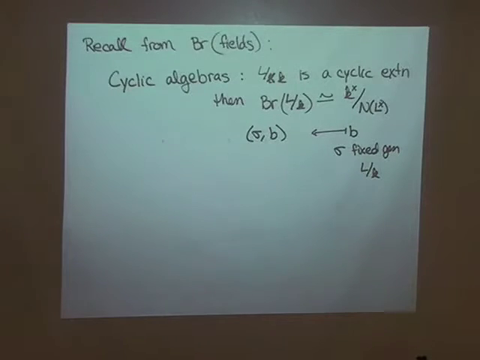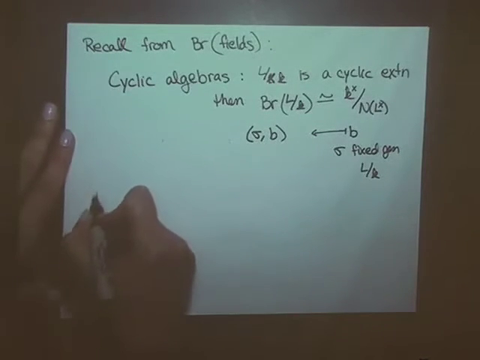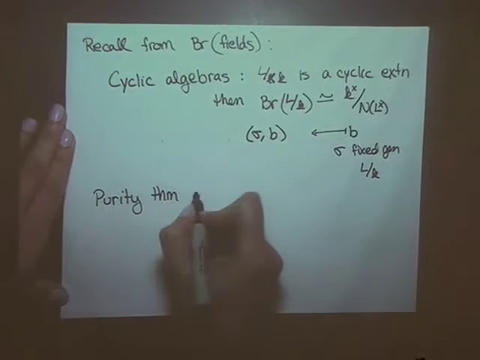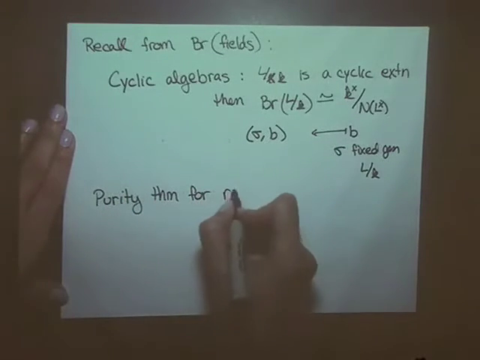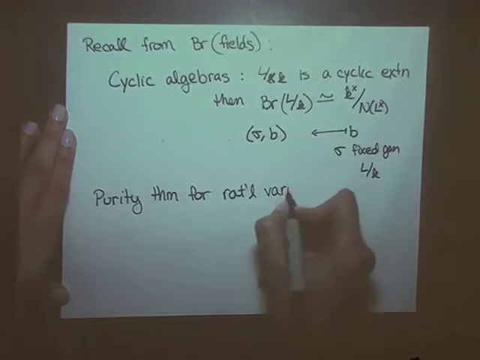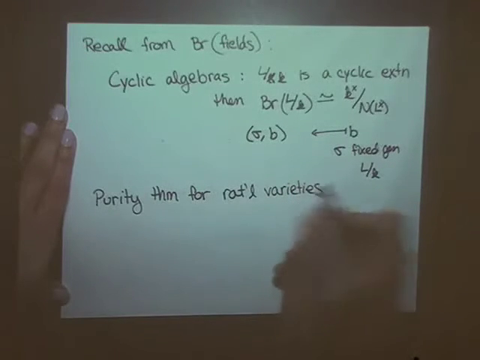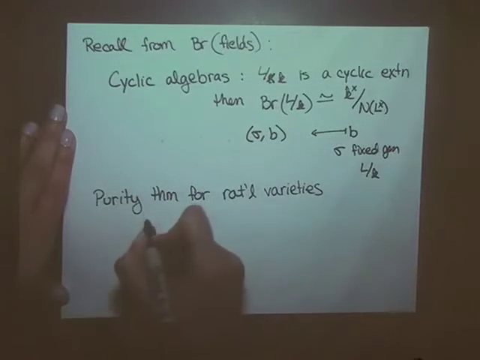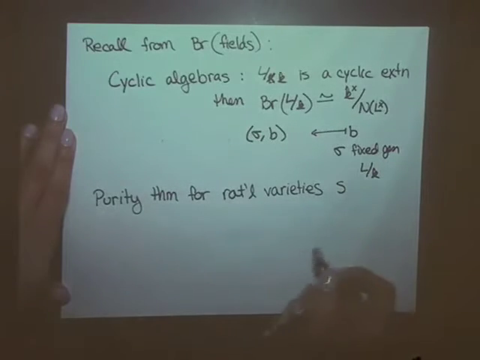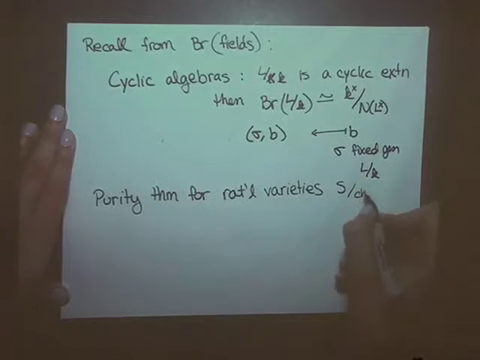So what's another great tool that we have? Well, we have the purity theorem, and it's especially useful. I mean, it's useful for lots of varieties, but for this question, it's especially useful for rational varieties. So let S be our rational variety over a characteristic zero field.